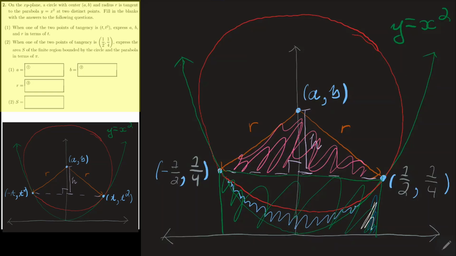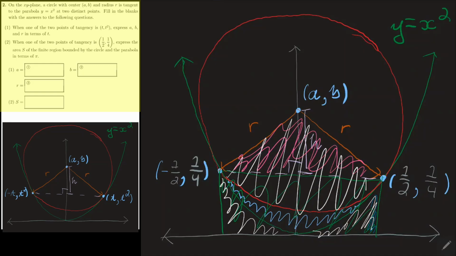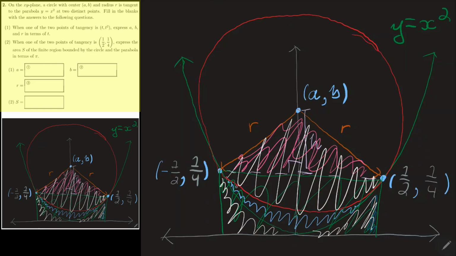So we can subtract the area underneath the parabola, and that's just an easy integral. And finally, we can also subtract the area of this whole slice over here. And then if we do that, the only area we have left is this area between the circle and the parabola, which is what we're looking for.